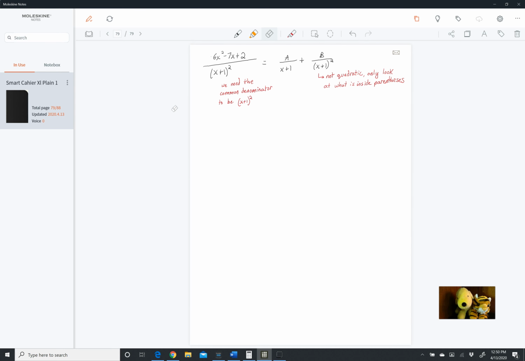That's why we divide it up this way. Okay. But then when we figure out the numerators, we're looking only at what's inside the parentheses. Inside the parentheses is something that's linear. That's why we have a B here. Let's take another example.